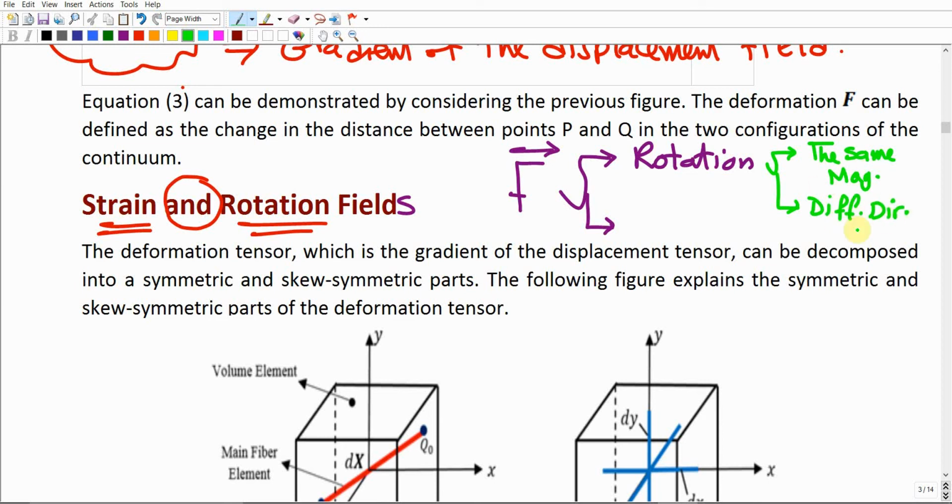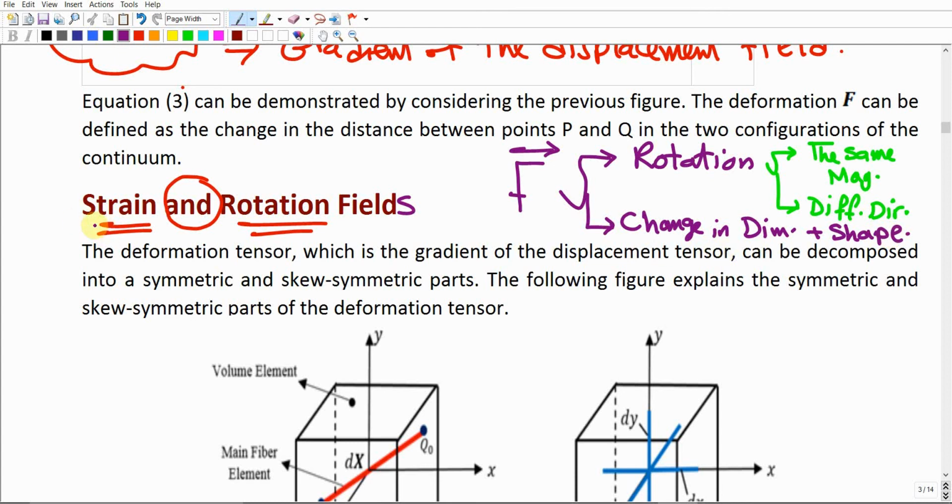Under just this simple case, we're gonna have just rotation, right? The other thing is the change in dimensions and a change in shape. This is what we're gonna call the strain.